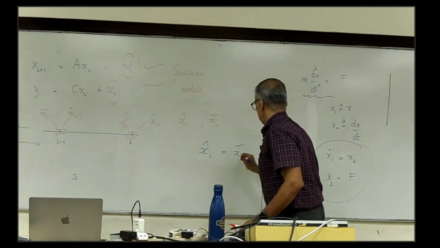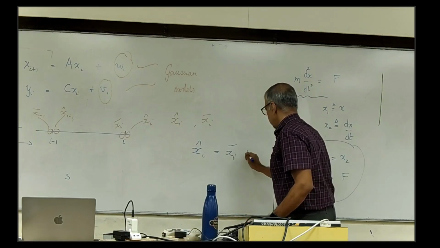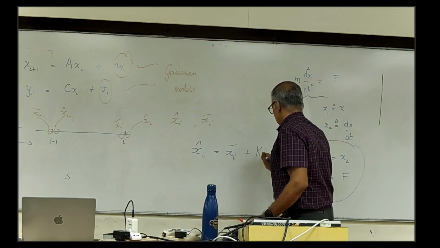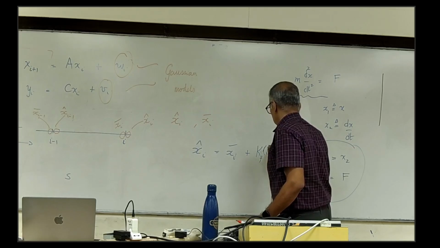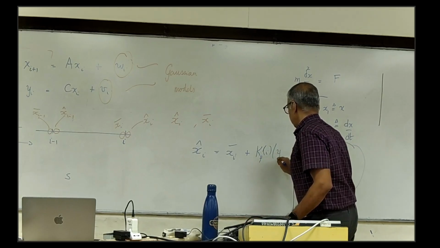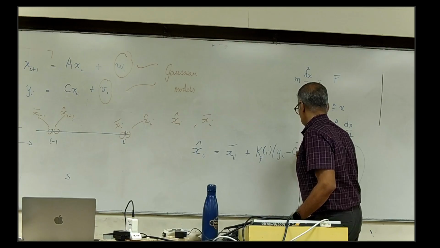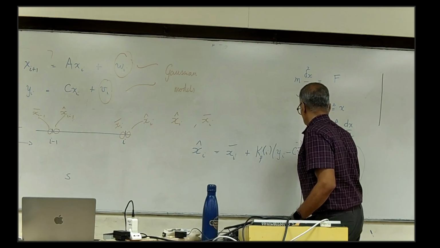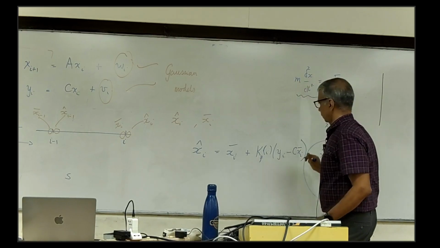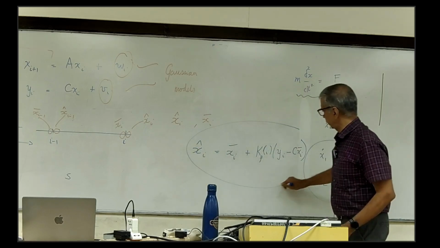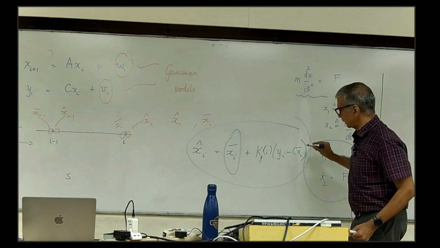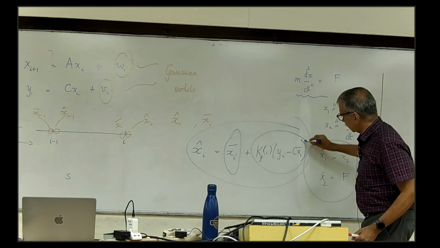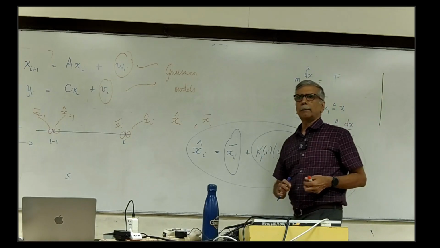is the a priori plus something called a Kalman gain, which gets multiplied by... so this is the formula for the filter, where it takes a prior estimate and then makes use of the most recent measurement to update the estimate.